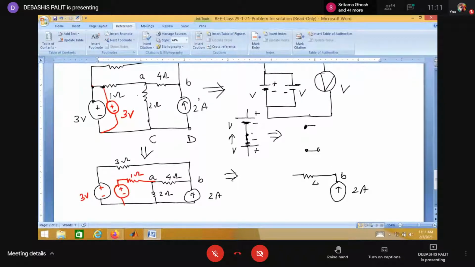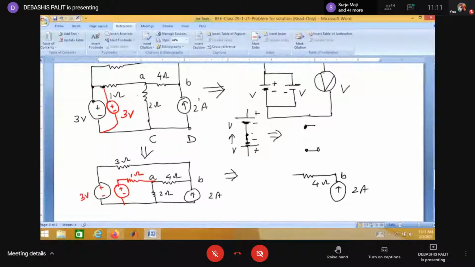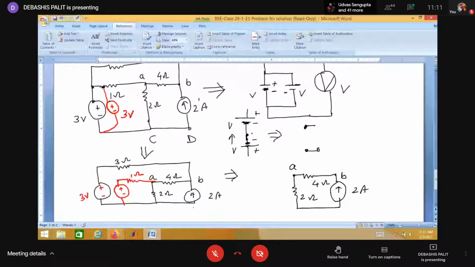This is your 4 ohm resistance. This is also a 2 ohm resistance. This is your A point, and this is a C point. This is a common point. So between C and A, a voltage source is there.